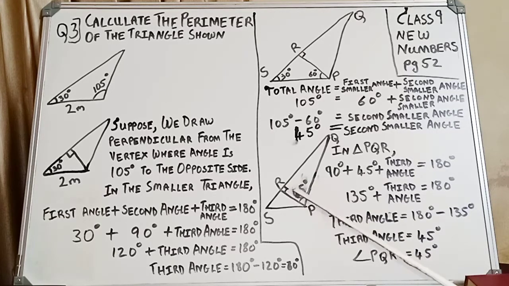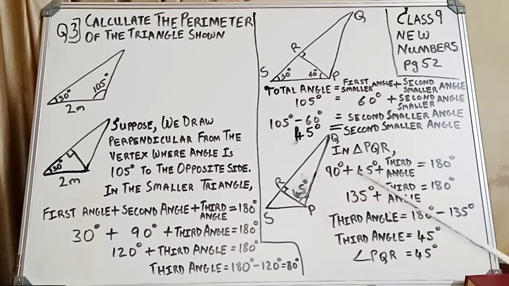Now this is 90 degree. Now we have to find this smaller angle RQP. In this small triangle PQR, we have two angles, 90 degree and 45 degree, which we saw from the previous step. In any triangle, the sum of three angles is equal to 180 degree. So 90 degree plus 45 degree plus the third angle RQP, which we don't know, is equal to 180 degree.